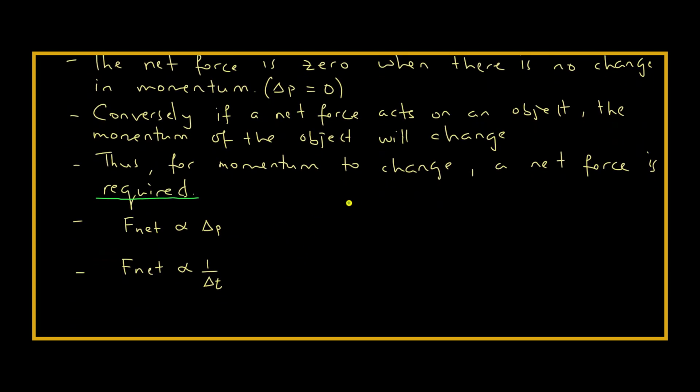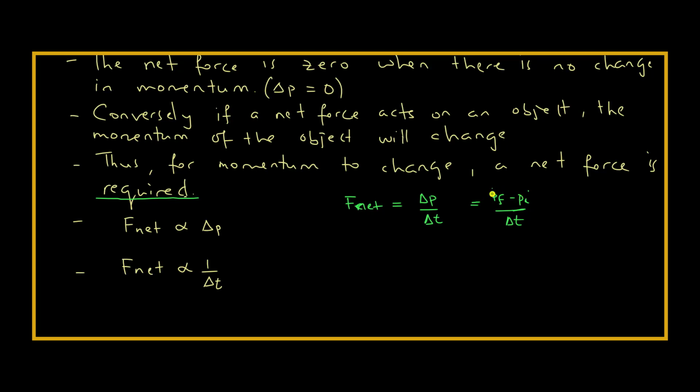So we have our expression here, our equation, F net equals delta P over delta T. If this delta P is 0, in other words if the change in momentum is 0, it can only be 0 when the initial momentum is the same as the final momentum.